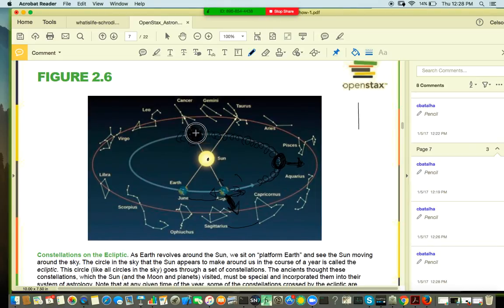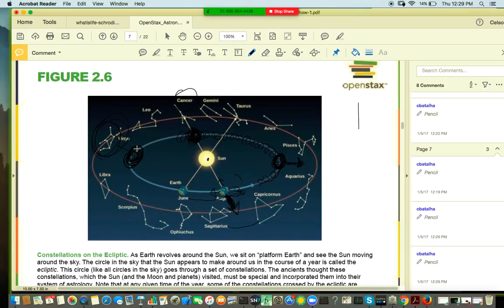And then when Earth happens to be here, what is the constellation visible in the sky at midnight? It's Cancer. And when Earth is in this location right here, which constellation is visible in the sky at midnight? Virgo. So basically, Earth's revolution around the Sun leads us to see different constellations in the night sky at midnight.